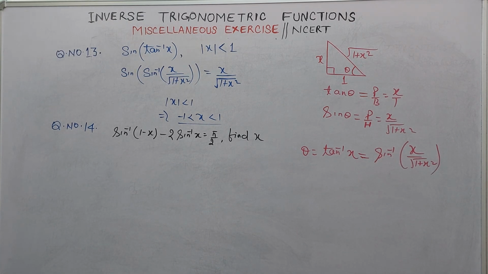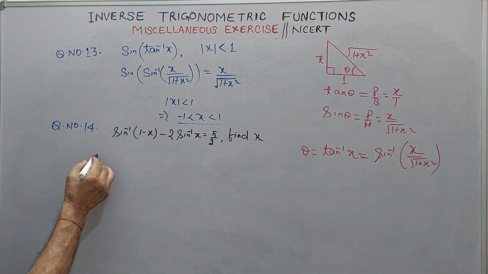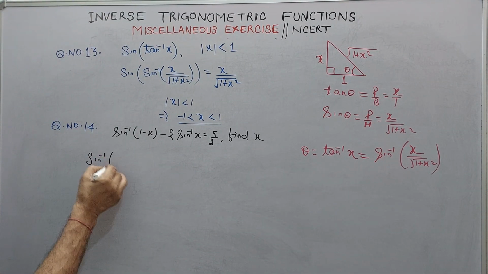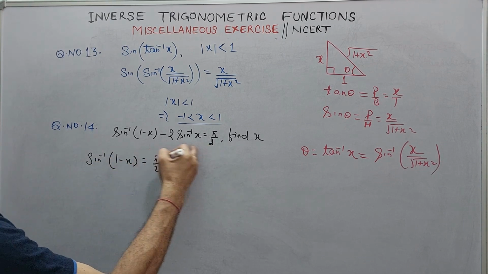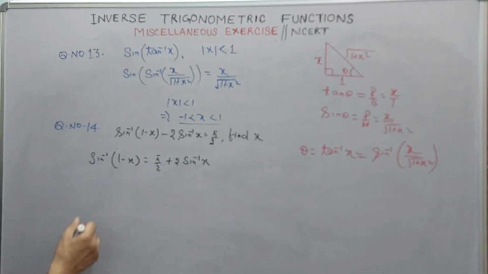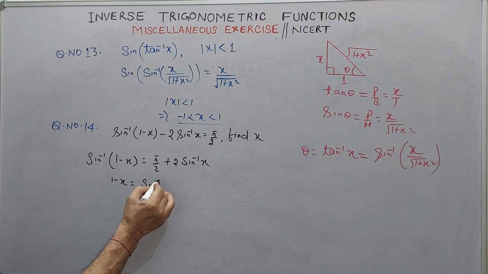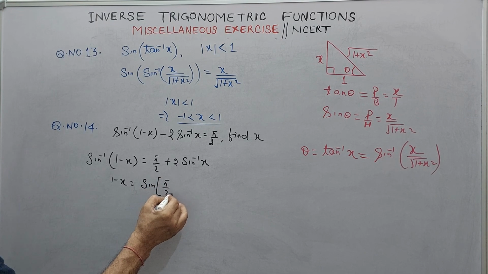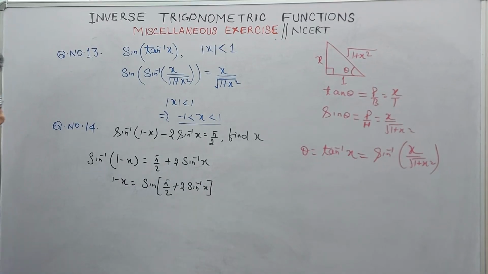Now bring this expression to the right hand side. So here sin inverse of 1 minus x is equal to pi by 2 plus 2 times sin inverse x. So now therefore 1 minus x is equal to sin of 90 plus 2 sin inverse x.